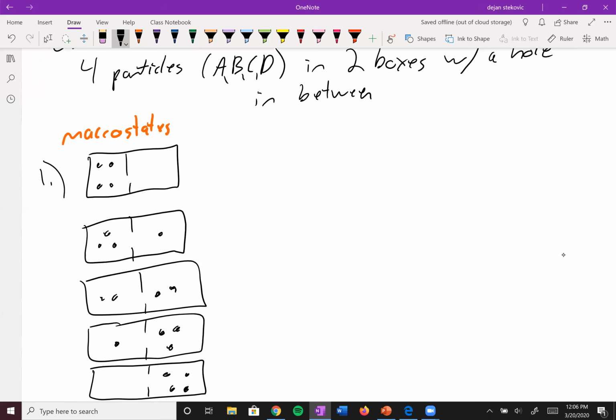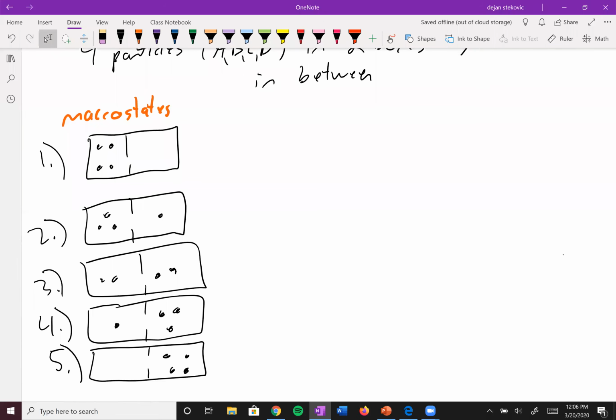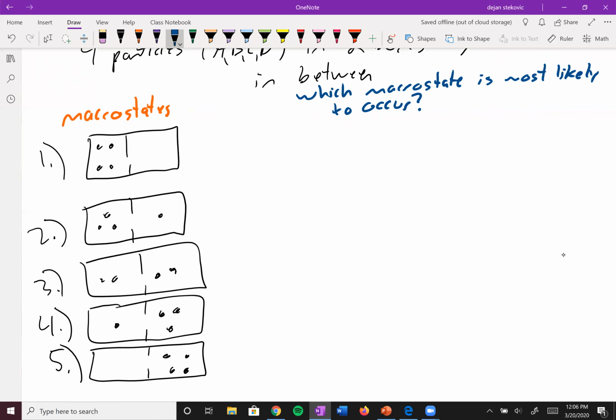So we'll call this 1, 2, 3, 4, 5, right? And so one of the things we want to ask ourselves is which one of these macrostates is most likely to occur?